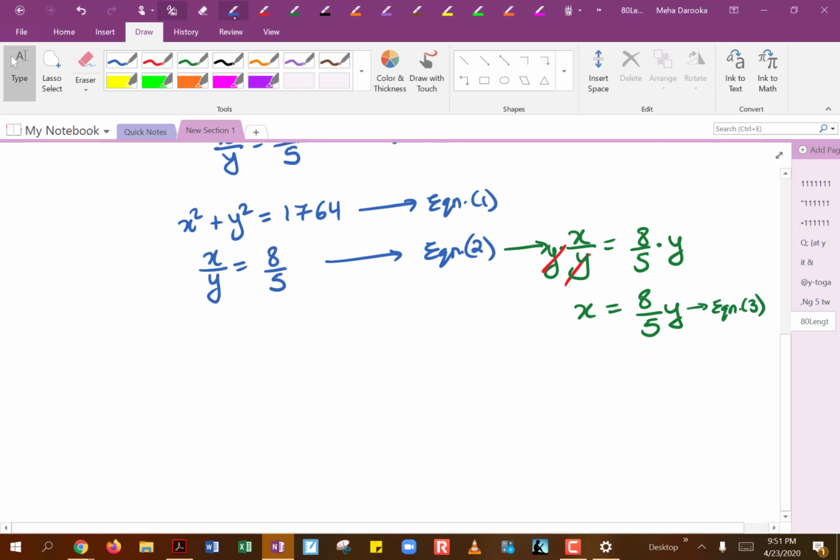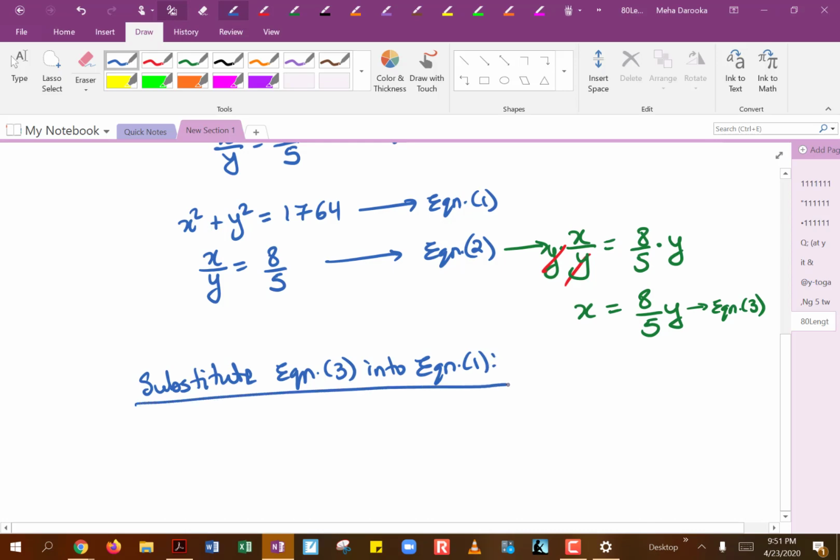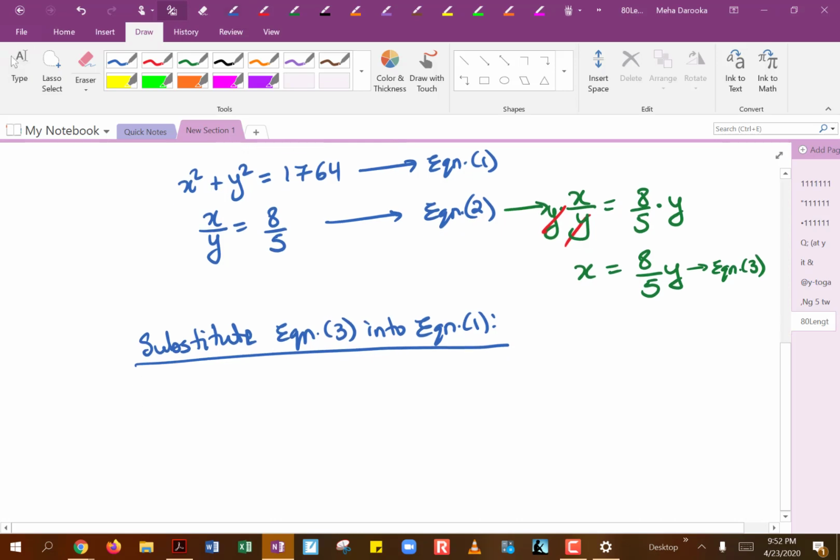And what we're going to do is we are going to substitute equation 3 into equation 1. Again, basically remember equation 3 is rewriting equation 2, so you don't want to substitute it back in equation 2, you want to substitute it in equation 1.